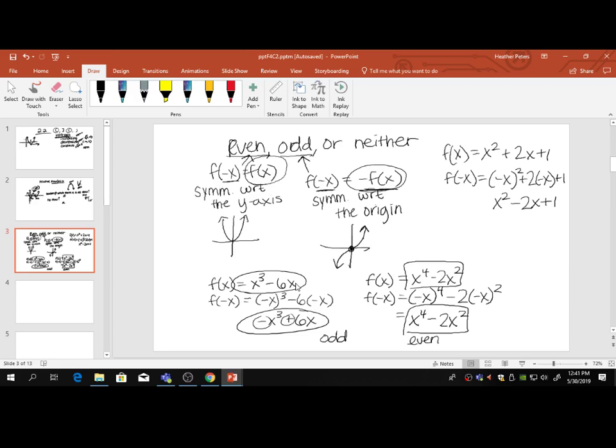Okay, and if you notice, it's not exactly the same as it was originally because of this sign right here. So it's not even, but it's also not odd because in order to be odd, all of these signs would have to be opposite. So this would have to be negative, negative, negative, and that is not the case. So this is actually neither.